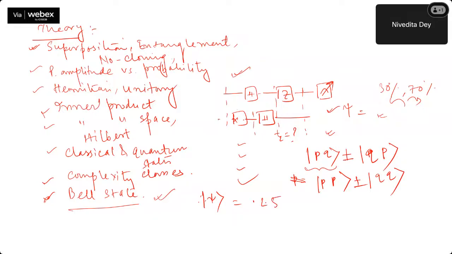For example, I'm just taking, say, 0, 0, 0, plus, let me do it for 4 now. These are arbitrary values. It will not be normalized.